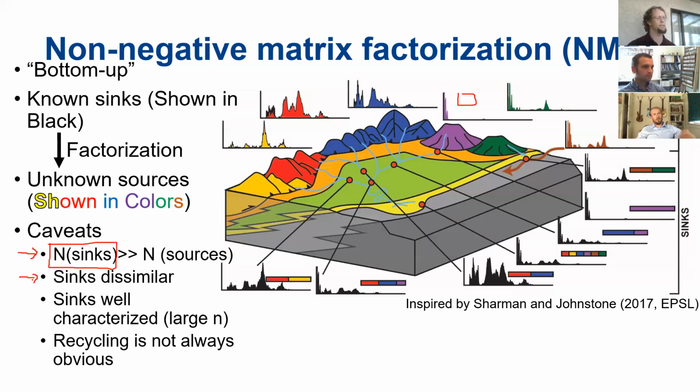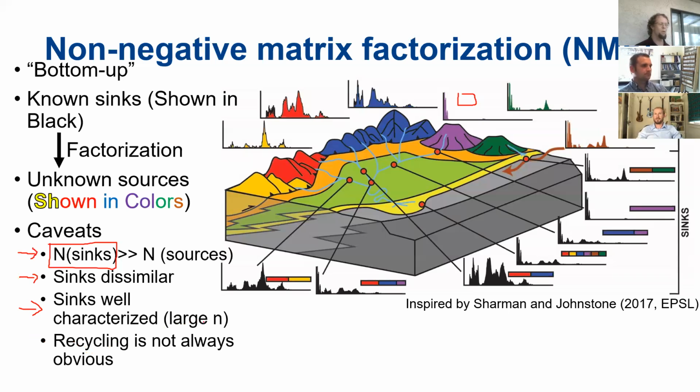So if all of your sink samples look the same, or if they're very similar, think low KS values or high cross-correlation coefficients, then you're not going to be able to factorize those very successfully into their constituent sources.